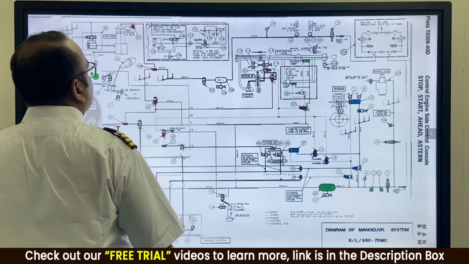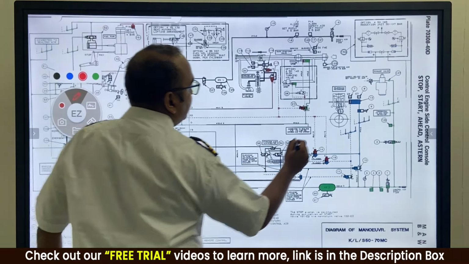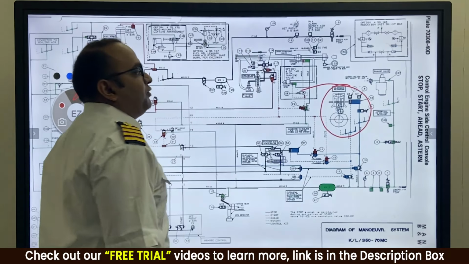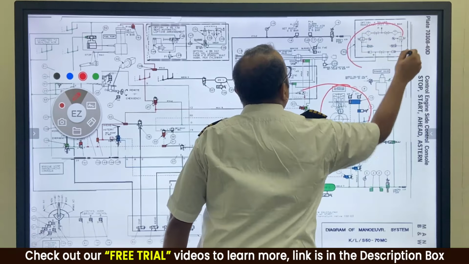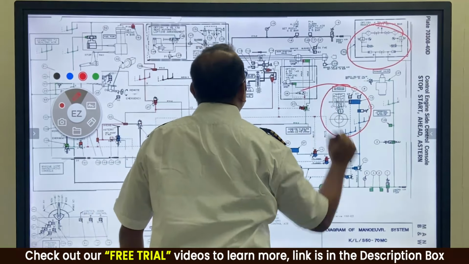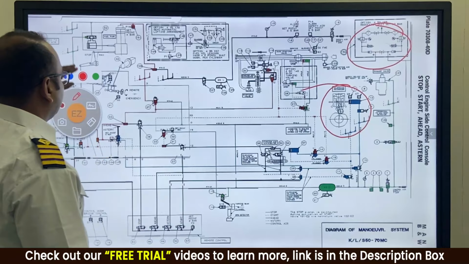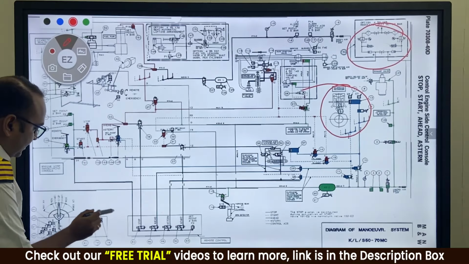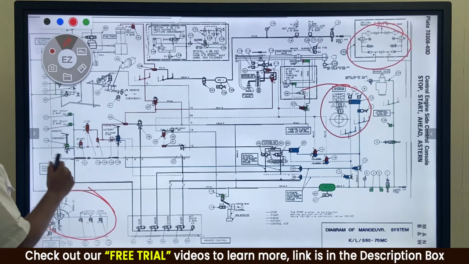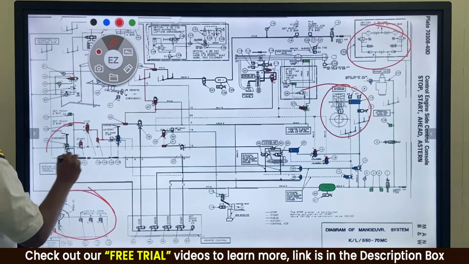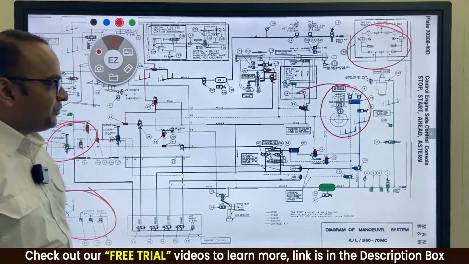So if I say systems, you see, fuel reversing system, right? Control air, from here the control air is coming. You see here is the ECR control, here is the engine console.